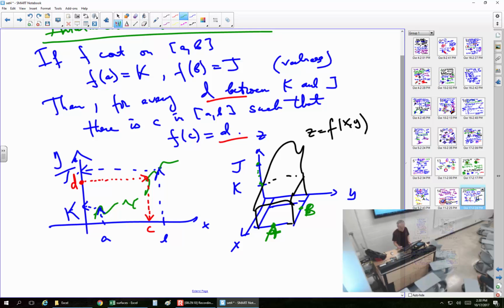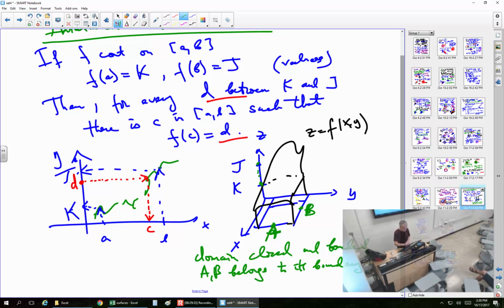So the domain is closed and bounded, and A, B belong to its boundary. Unfortunately, we didn't really explain what the boundary is.